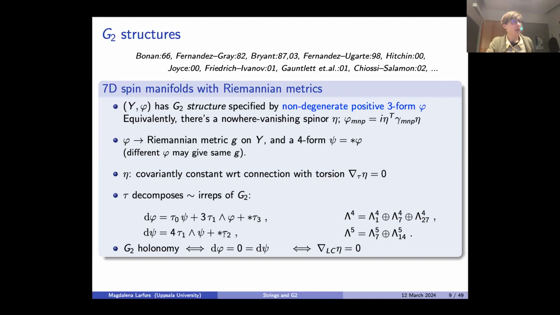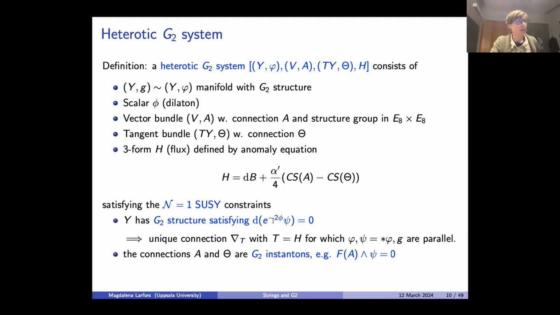When you write down this match, let me not go too far into this because I might say something that is wrong. But it's certainly true that when this condition is satisfied, you can write this down.